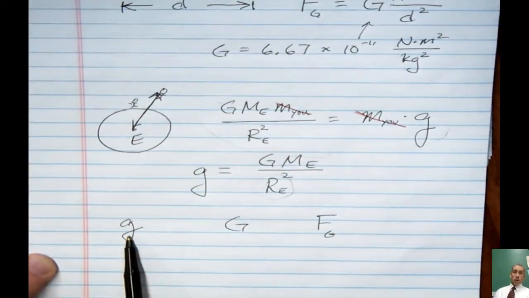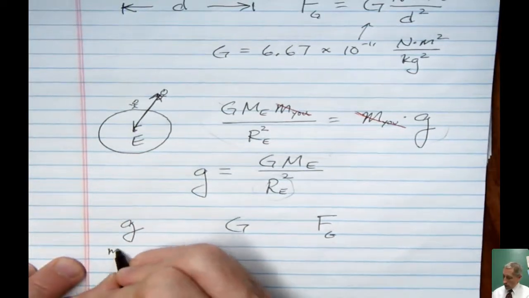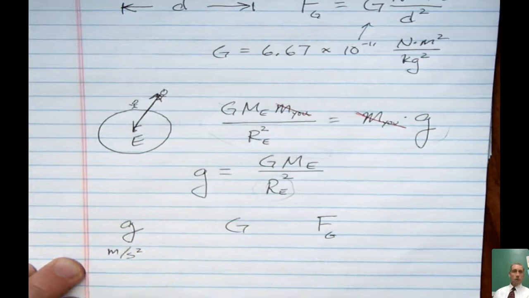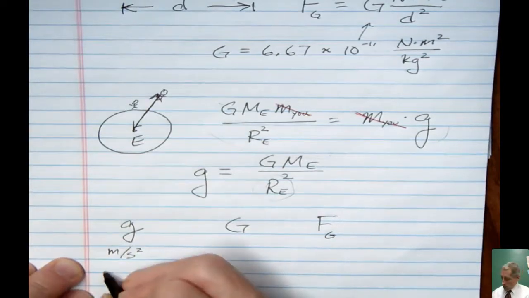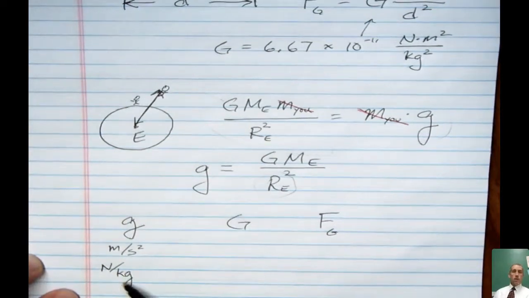This is called the acceleration due to gravity. It's measured in acceleration units. It may also be called the strength of the gravitational field. So this would either be in meters per second squared for something that's accelerating, or more commonly now we'll be using newtons per kilogram, because it gives you a measure of how much force each kilogram of mass will have because of being in a gravitational field.